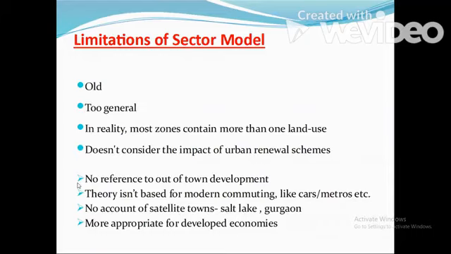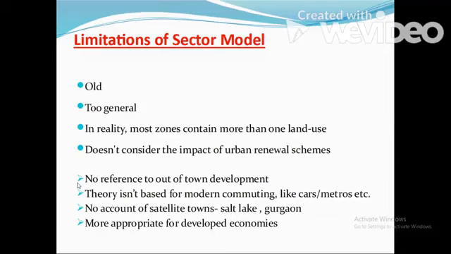Now, if you are wondering what a satellite town is, satellite towns are very small, self-sufficient municipal areas. You all know the meaning of satellite, and from that word only this term has come. So these are self-sufficient municipal areas which are located close to a bigger metropolitan city.